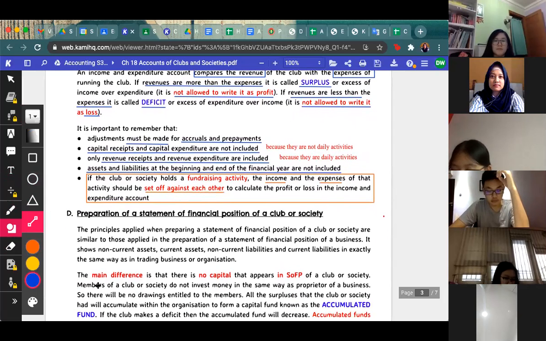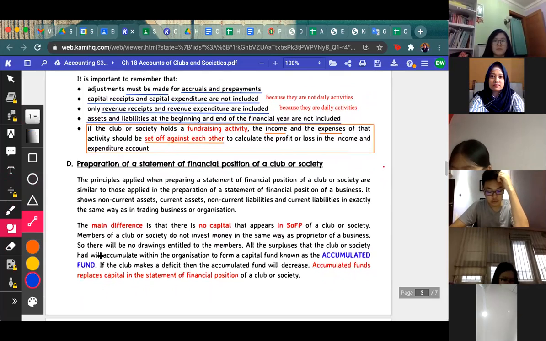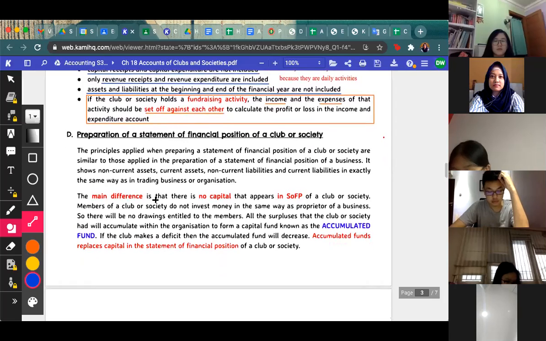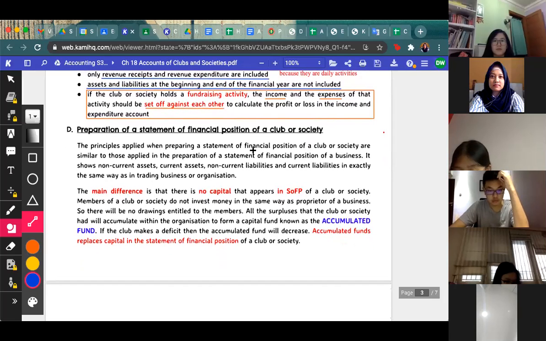Next one. Preparation of statement of financial position of a club and societies. The principles applied when preparing a statement of financial position of a club or society are similar to those applied in the preparation of SOFP in a business.